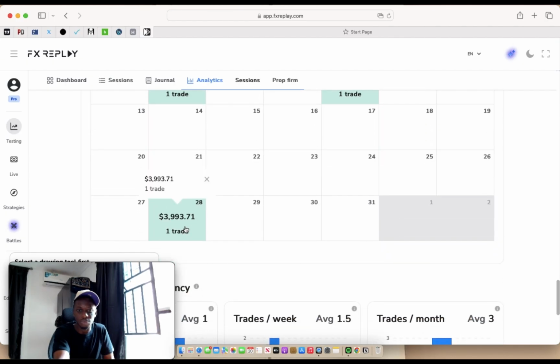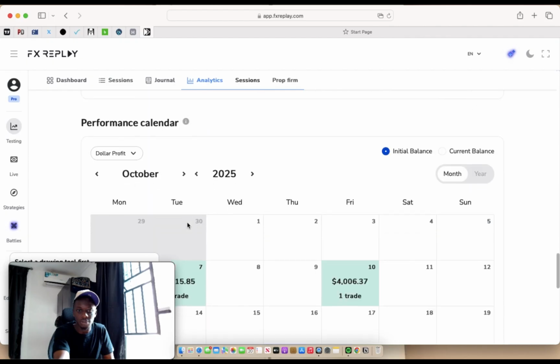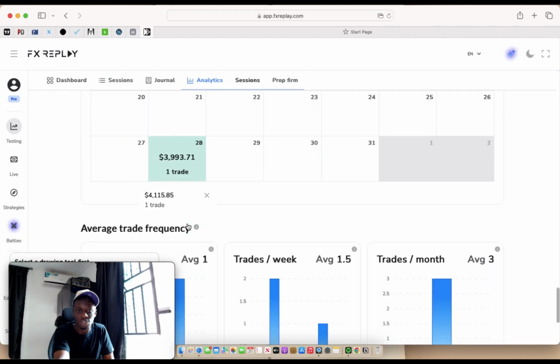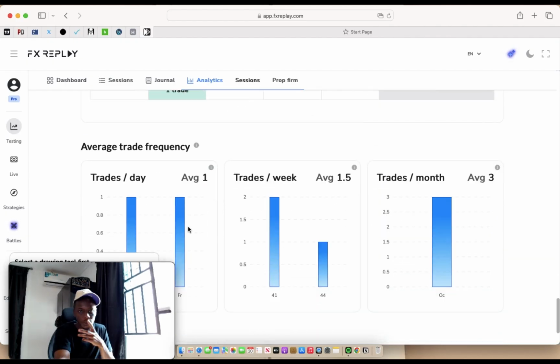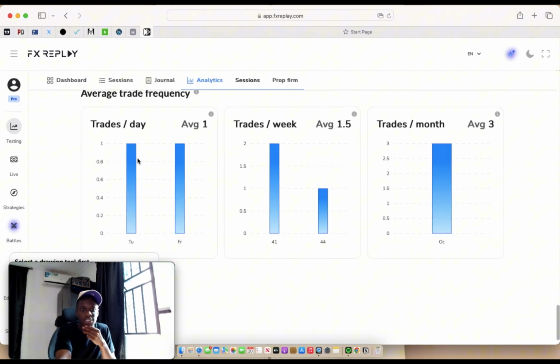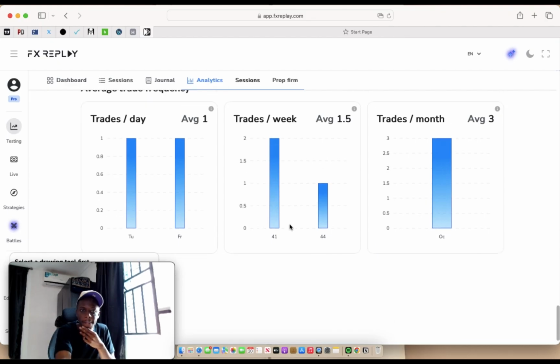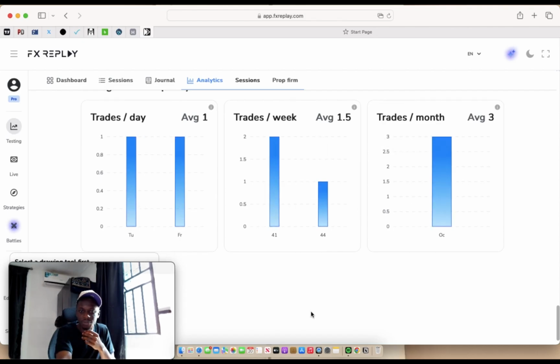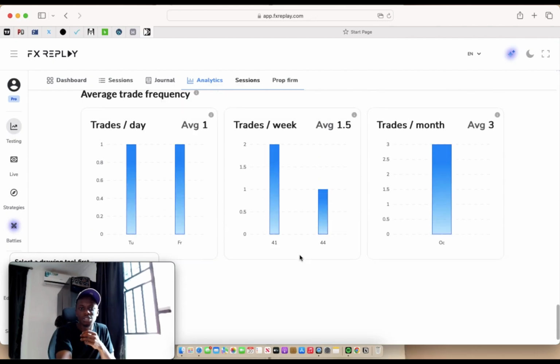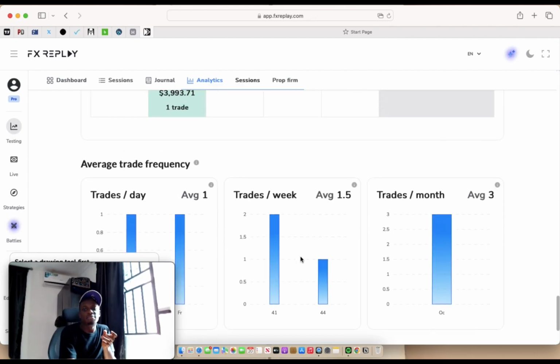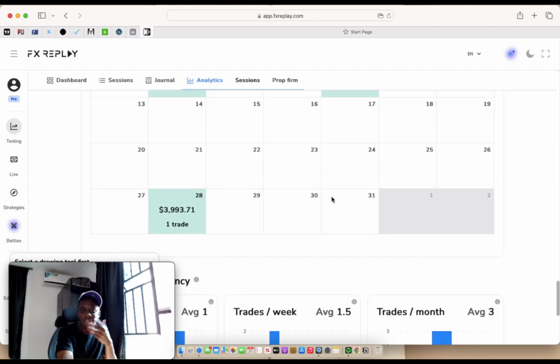It's not even up to 4K, but yeah. Another Tuesday, two trades on Tuesday. All right. So average trade frequency. Friday, Tuesday and Friday. So that's all it starts, and yeah, there's nothing much.